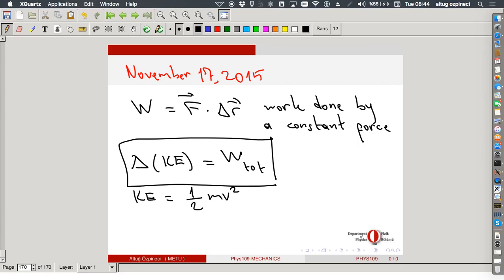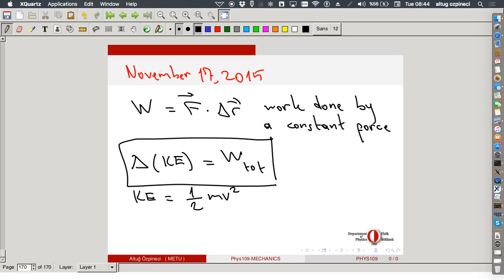Now, one nice thing about this definition of the work done by a constant force: when we started our Newton's dynamics, one of our fundamental relationships was F equals mass times acceleration. So if we know the force, we can determine the acceleration, and from the acceleration we can determine how the velocity changes. There were two kinds of changes: one is the change in the magnitude, one is the change in the direction.